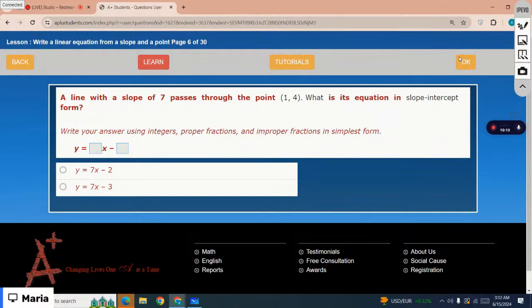The second one. Hold on. Yes, that's the second one. Y equals 7x minus 3 is the correct option. Very good.